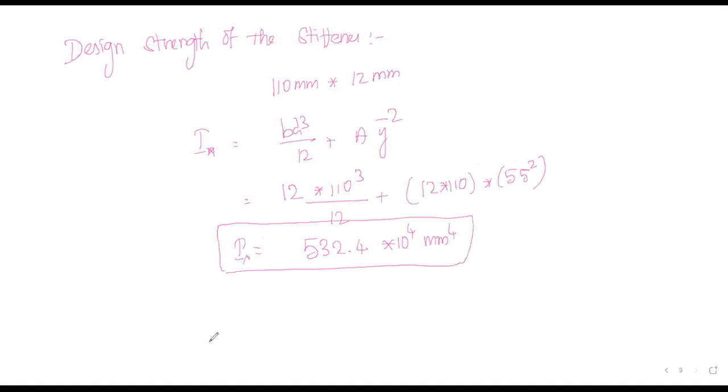Why do I have to calculate this? The design strength of the stiffener is equal to AE into FCD.